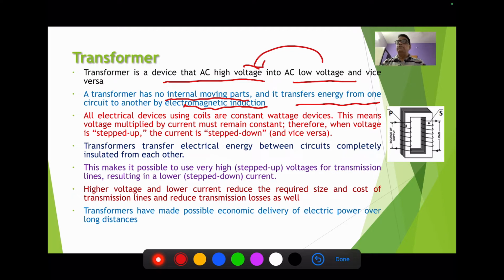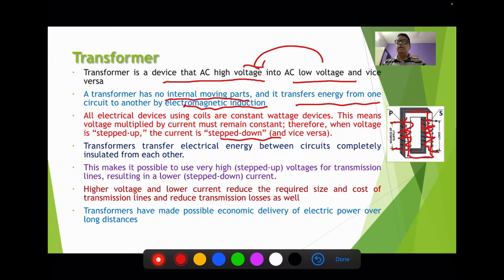As shown in this diagram, there is a core and a coil wound on it, which is called the primary coil, and another coil wound on the core, which is called the secondary coil. Whenever the transformer increases the voltage, it is called a step-up transformer. When the transformer decreases the output voltage, it is called a step-down transformer.